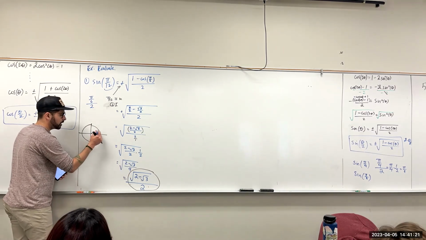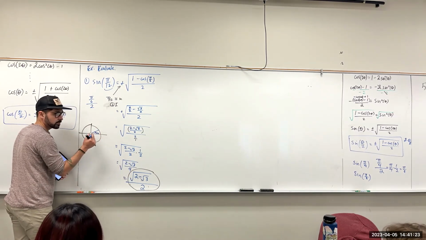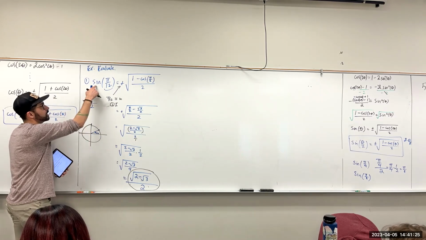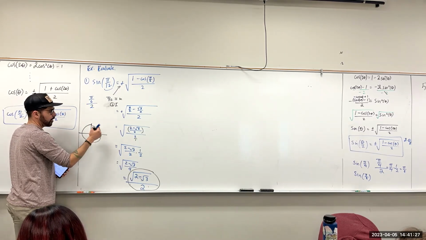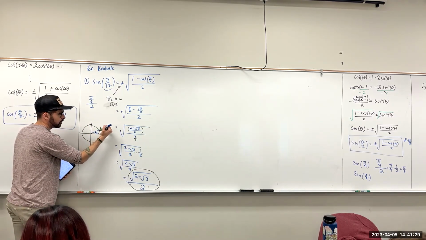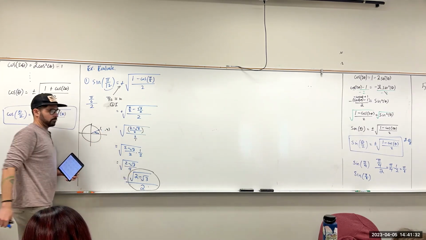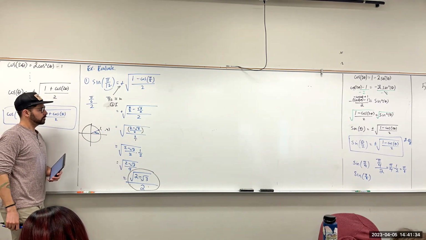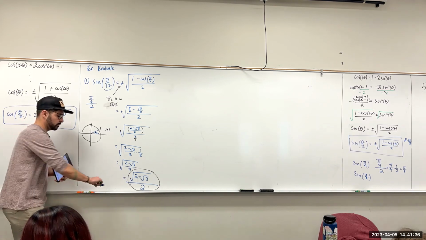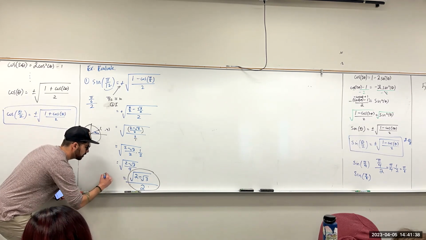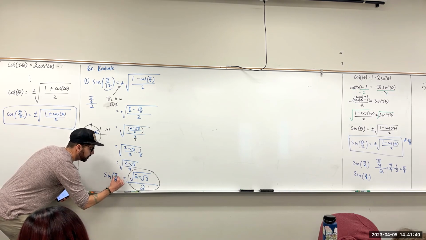If I rotate my radius pi over 12 radians, sine is that y coordinate. So that y coordinate right here is that ugly number. So sine of pi over 12 equals that. I lost track of that with all the numbers. Yeah, sine of pi over 12 equals this.